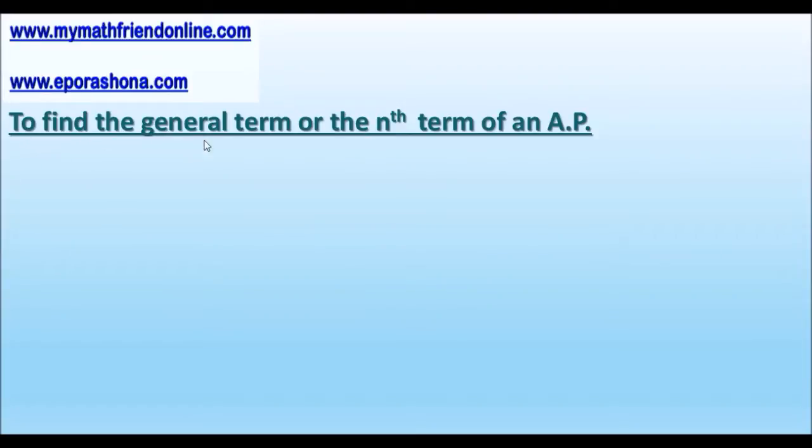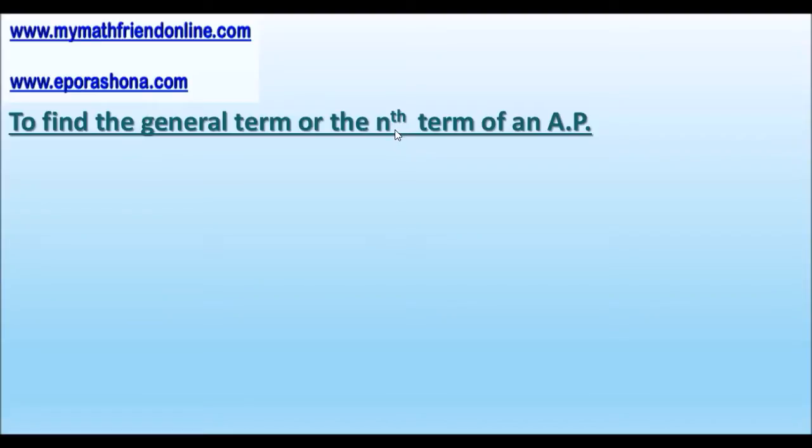Now to find the general term or the nth term of an AP. N is a variable which can have any value. N can be the 10th term, it can be the 100th term, it can be the 5000th term. We know that an AP can be a finite AP or an infinite AP.